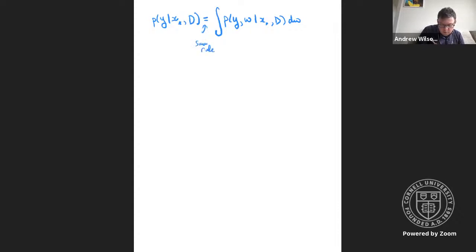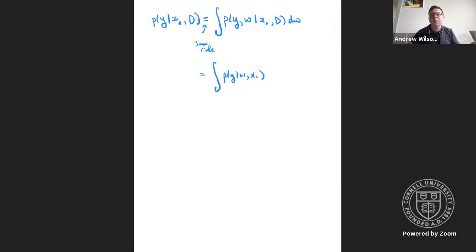And then this will equal the integral of p of y given w, x star. Now, it turns out that if we condition on our parameters, typically we don't need to condition on our data anymore. And you can see that if you just look at these observation models that we've specified. So f of x, w depends on w.